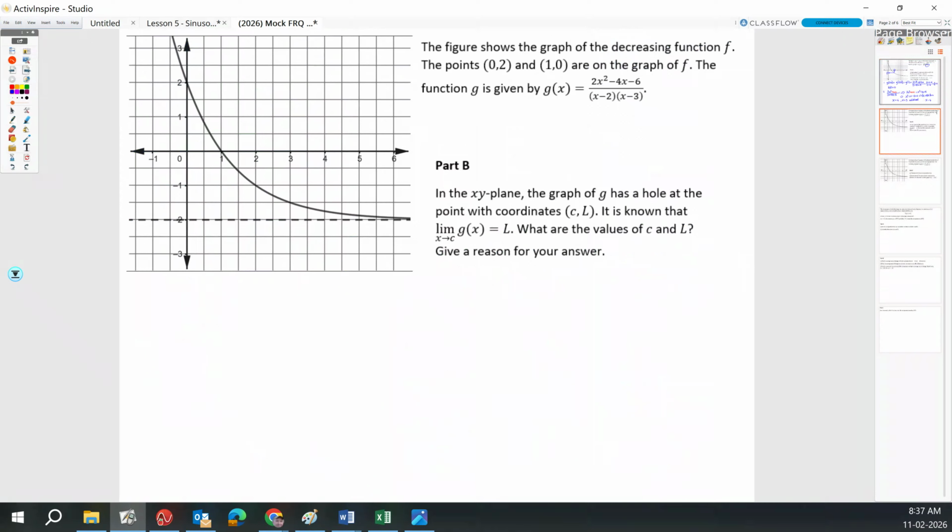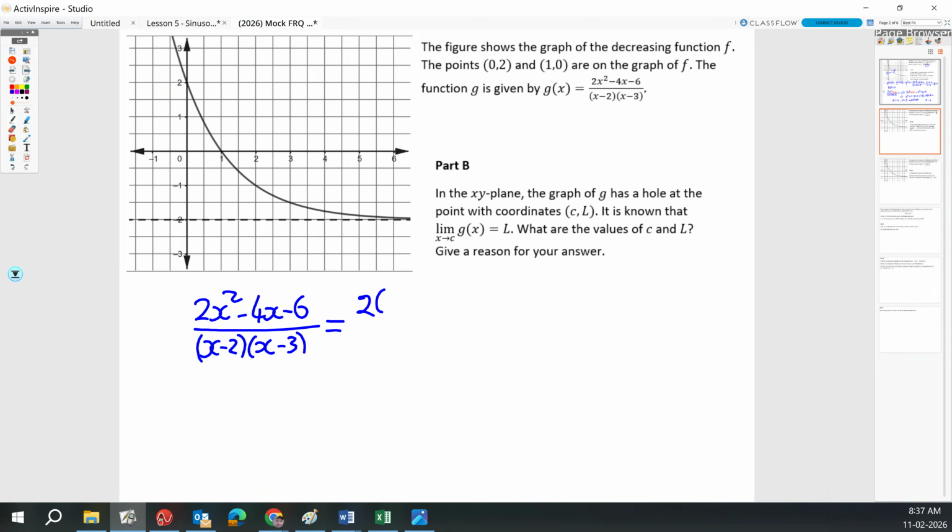So here in this one, we need to reason what the values of c and L are. We can't just put the values down. So in the xy plane, the graph has a hole at (c, L). So we take the function 2x squared minus 4x minus 6 over x minus 2, x minus 3. And we start by factoring the numerator.